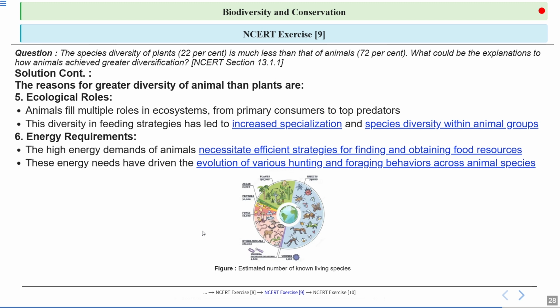Means there's a lot of diversity in the animal kingdom as compared to the plant kingdom. Plants are restricted to a small proportion here. Then you have algae, you have protists as well, and you have fungi, and you have monerans as well. So you can see there is more diversity in the animal kingdom as compared to the diversity in the plants. Clear?